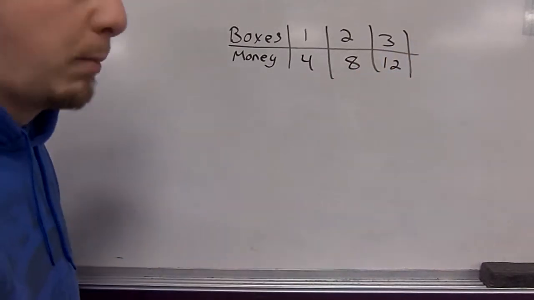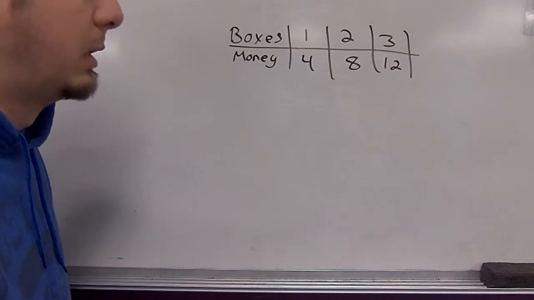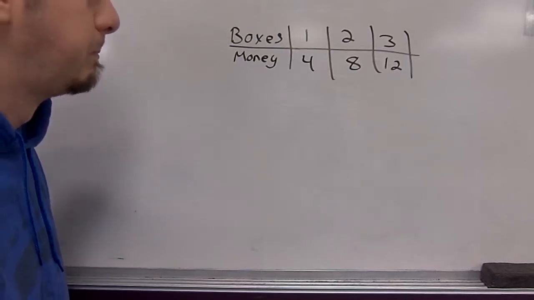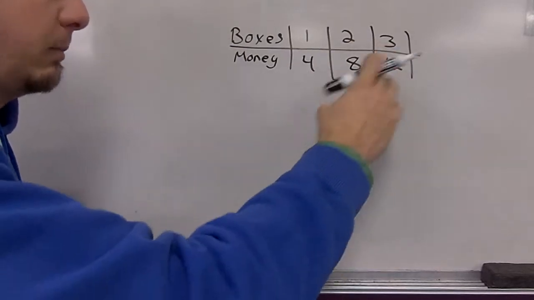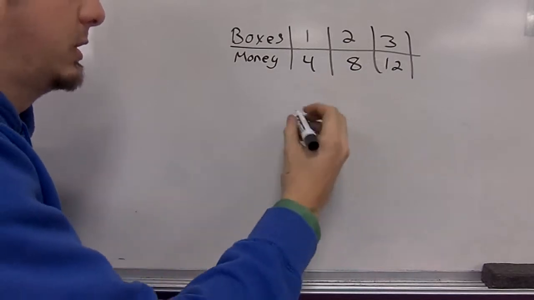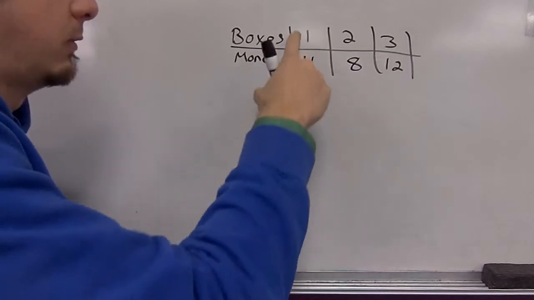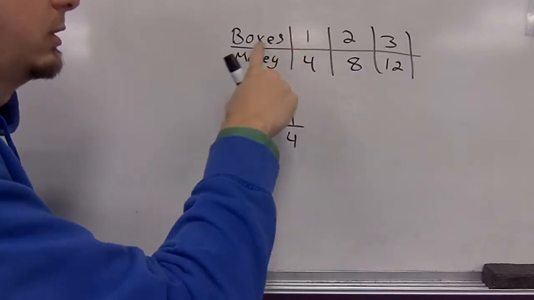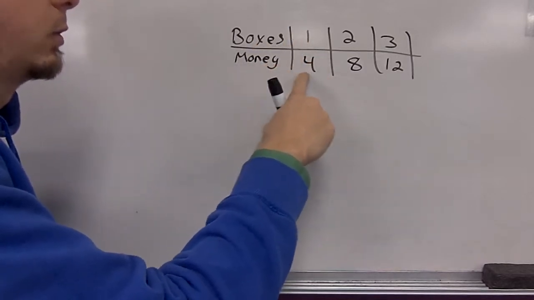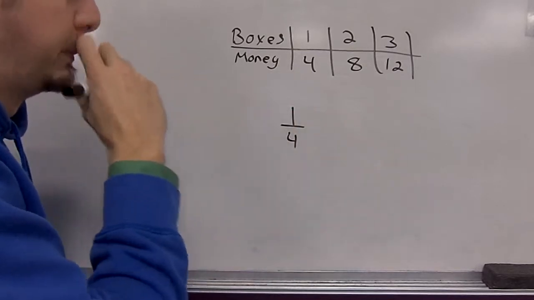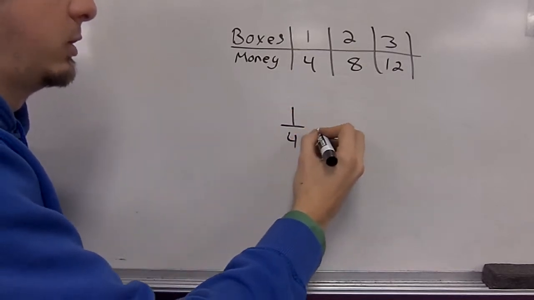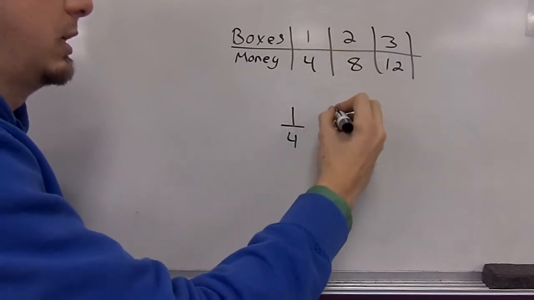If you want to know if you have a proportional relationship here amongst your data, then you would ask yourself, is 1 over 4, because I have a 1 to 4 ratio here, for every 1 box I sell, I get $4. So is a 1 to 4 ratio going to be equal to my 2 to 8 ratio here?